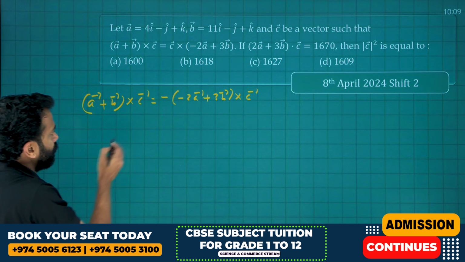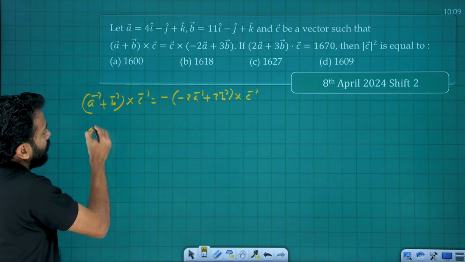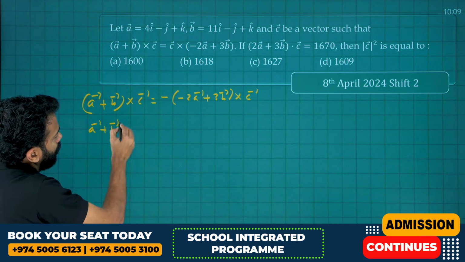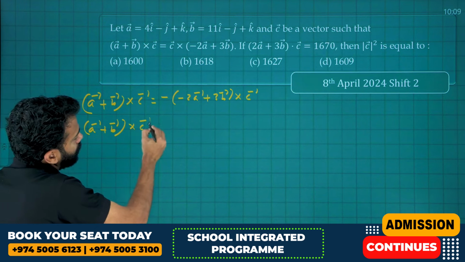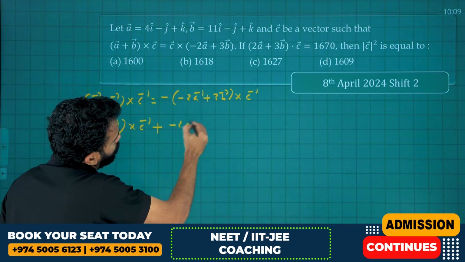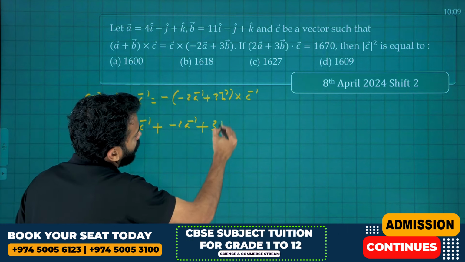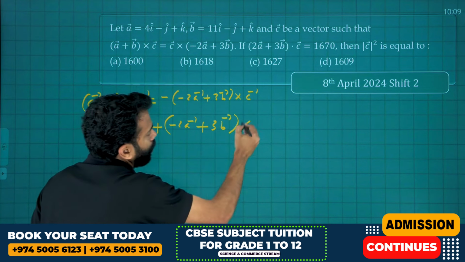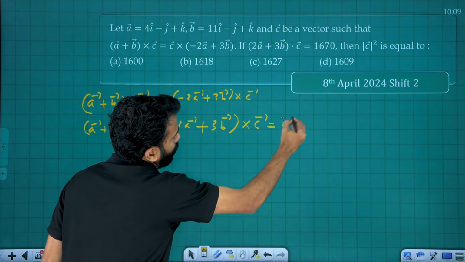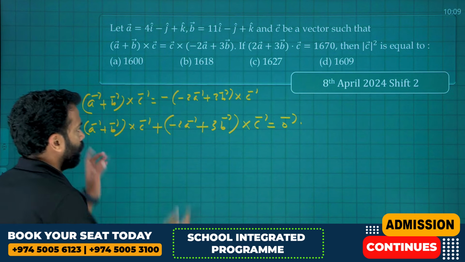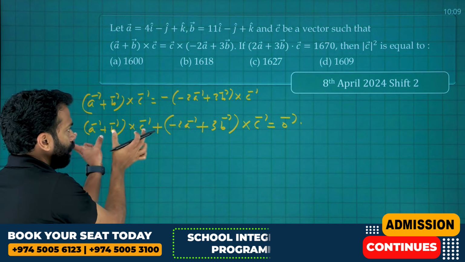If you take it towards the left hand side, it will be (A + B) × C plus (−2A + 3B) × C is equal to 0 vector. So, vector C is common and we can sum up the vectors here and here.